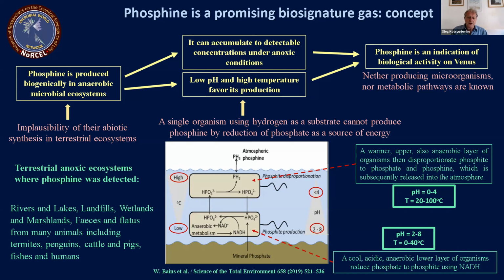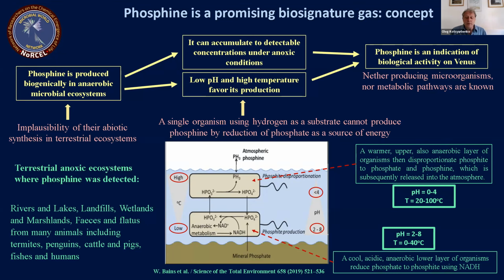The first stage, the formation of phosphine, requires low temperature and slightly acidic pH. And the second stage requires high temperature and strongly acidic pH.